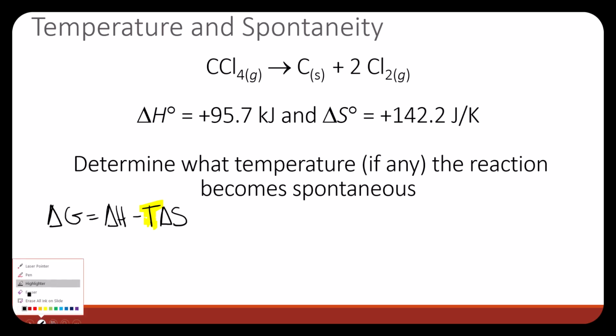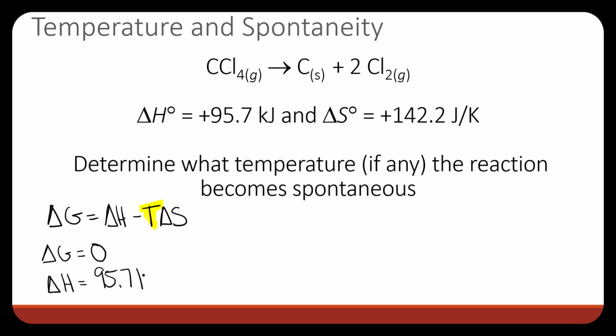So let's take inventory here. We said we're setting delta G equal to 0. We want to know that moment at which it changes from positive to negative, so 0 is that moment. We have our enthalpy change, and that is 95.7 kilojoules. We're solving for temperature, so that's what we're trying to determine.